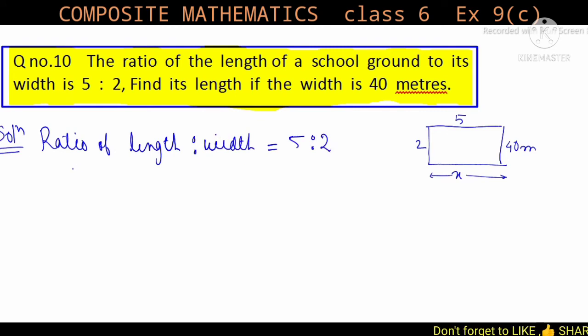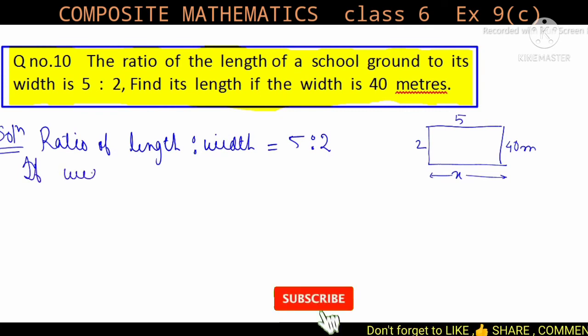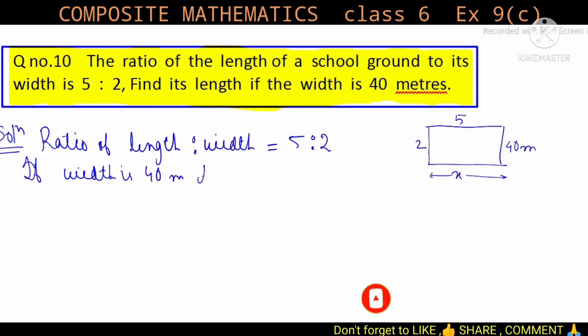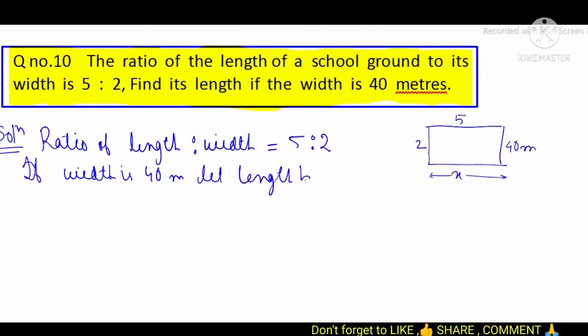Now if the width is 40 meter, let the length be x meter.